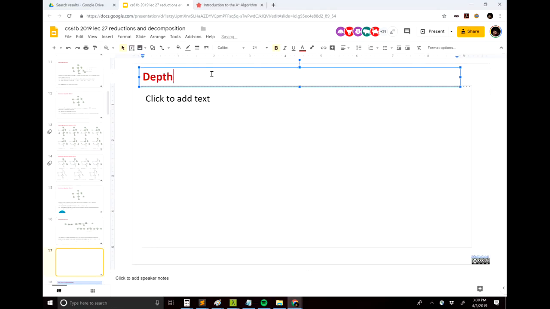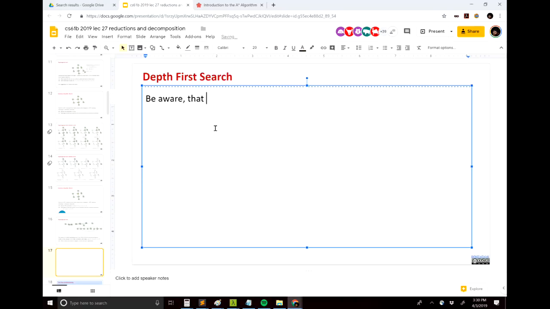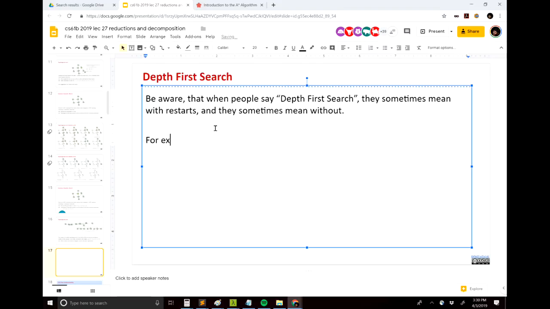Depth first search. Be aware that when people say depth first search, they sometimes mean with restarts, and they sometimes mean without. So for example, when we did depth first paths for reachability, we did not restart.